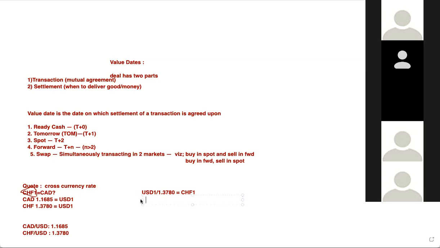Now I will write this code as it is. CAD 1.1685 is equal to USD 1.